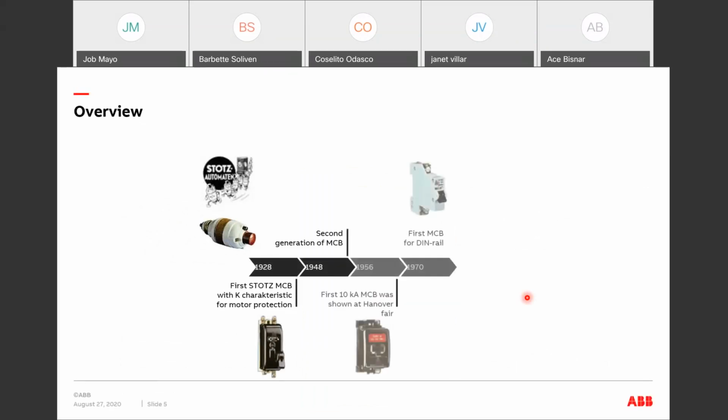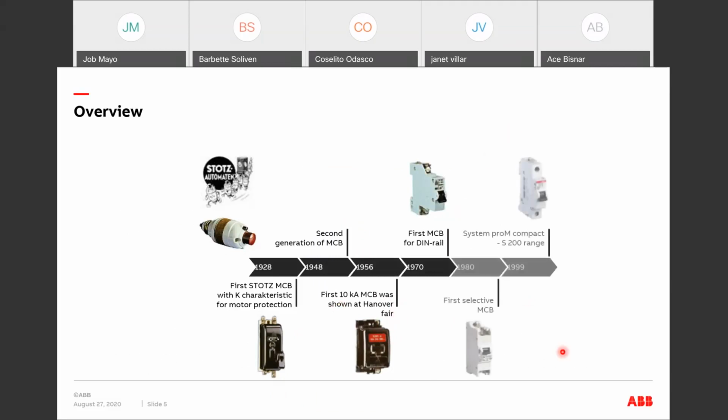The second generation MCB was launched in 1948, and then the first 10 kiloamp miniature circuit breaker was released in 1956. And then the miniature circuit breakers for DIN rail, eventually the first selective circuit breaker in the 1980s, and lastly the modern miniature circuit breakers that we have right now.